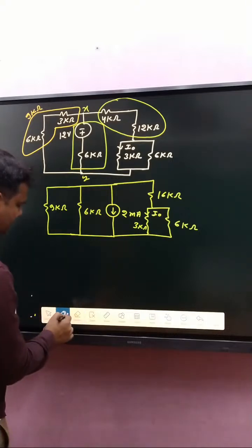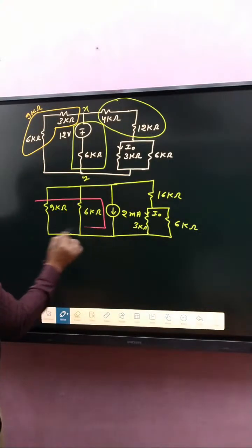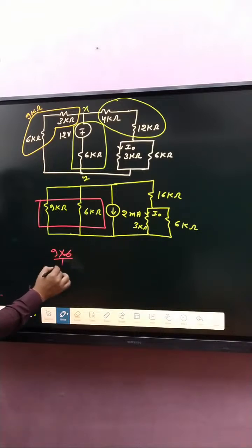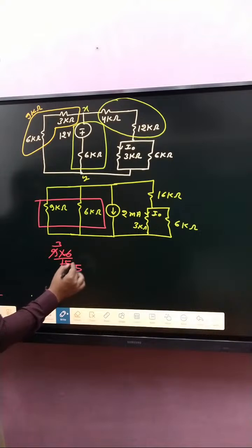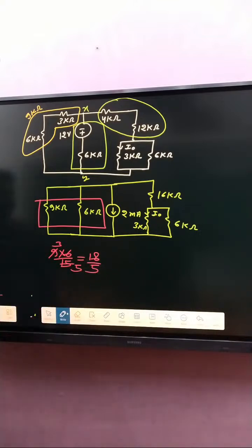After that, if you see very carefully, these two are in parallel, so 9 into 6 divided by 15. That is 15 by 5. If you see very carefully, 6 into 9 divided by 15. Both are parallel, that's why we get 18 by 5.